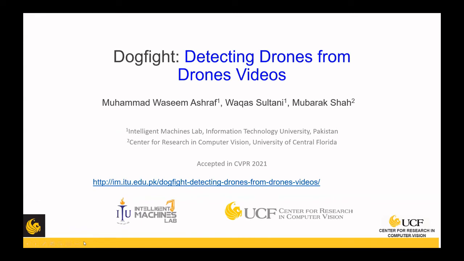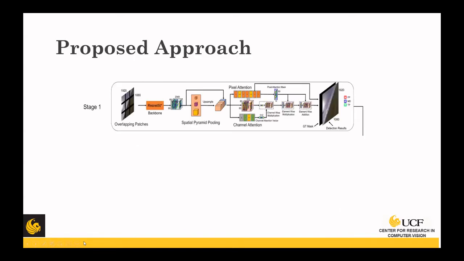Now, we had a paper in last year's CVPR, we call it Dogfight. There we are looking at the video of drones taken by drones. So there are 2 drones basically. We want to capture how a drone is moving by a video taken from another drone. So that's why we call it Dogfight. So we have this approach where first we take each image and get potential detections.